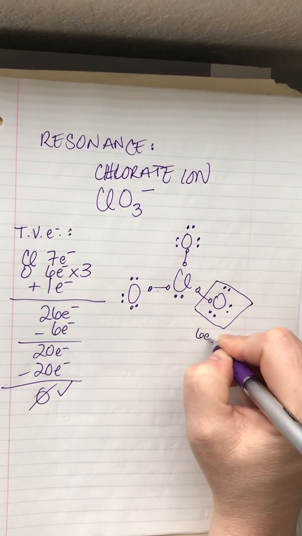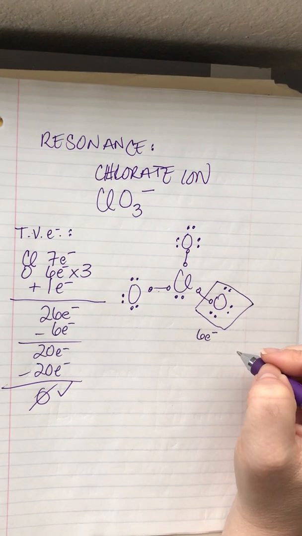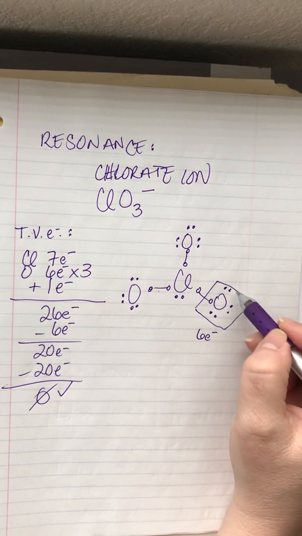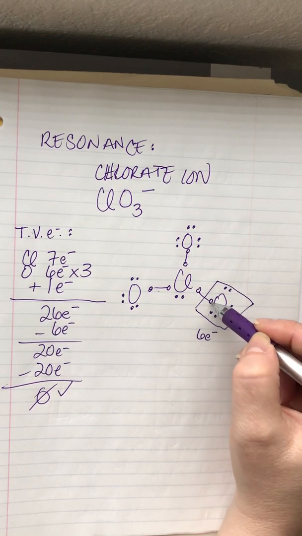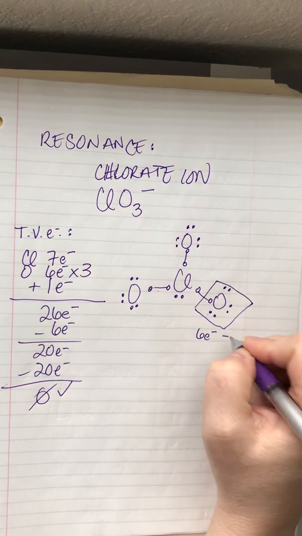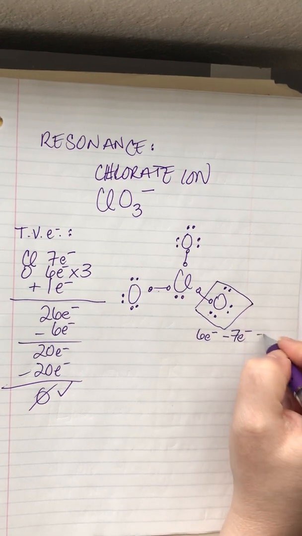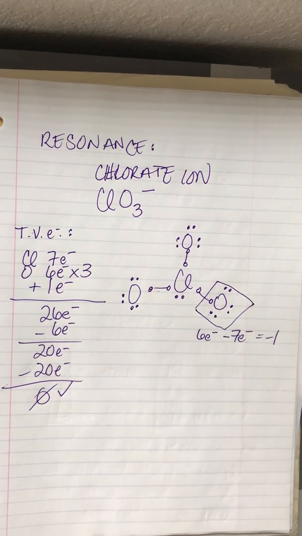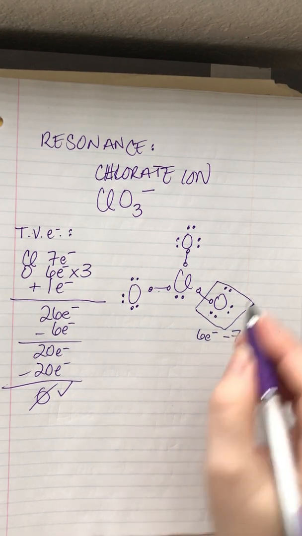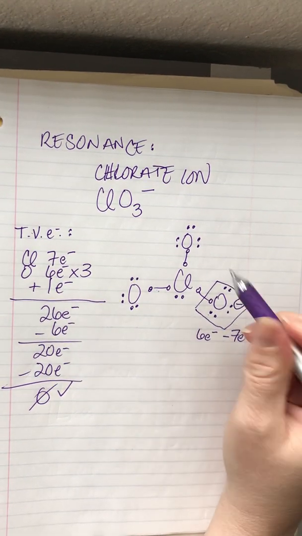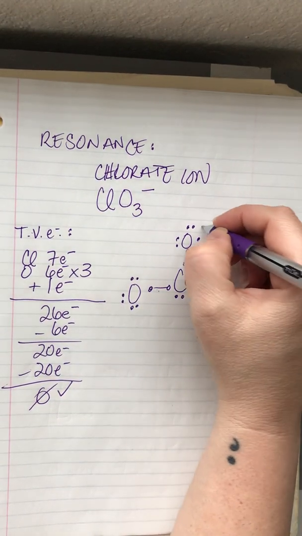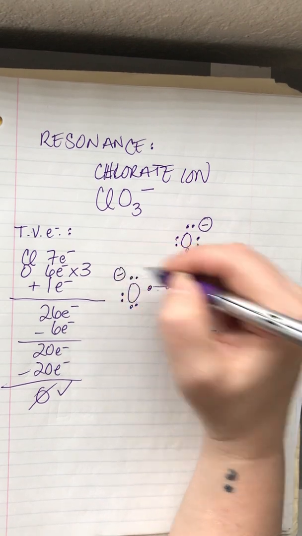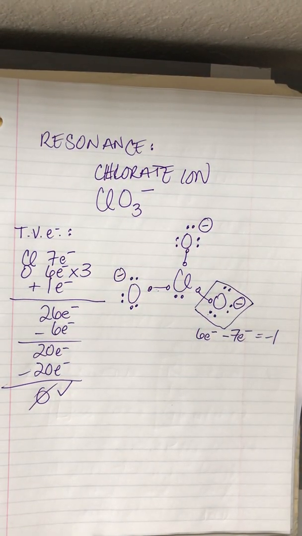So we had 6 electrons that oxygen came with, and directly around it here, it has 7. So we subtract how many are around it to get a -1 charge. Since all of these oxygens have the same configuration, they will all have a -1 charge. Is everybody able to see that okay?